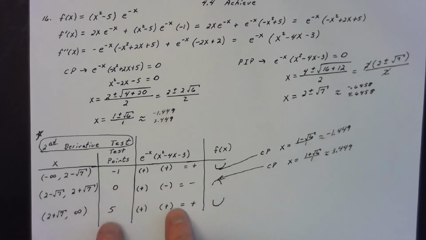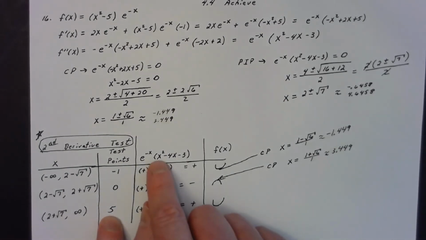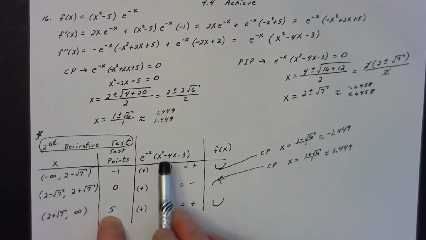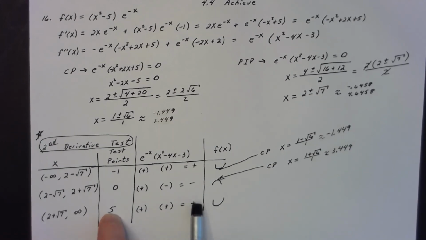And finally, when I plug in a 5, the second factor would be 25 minus 20 minus 3, so 25 minus 3 would be a positive 2. Product of two positive numbers is positive. So I know that my second derivative is positive in this region, which means my function is concave up.